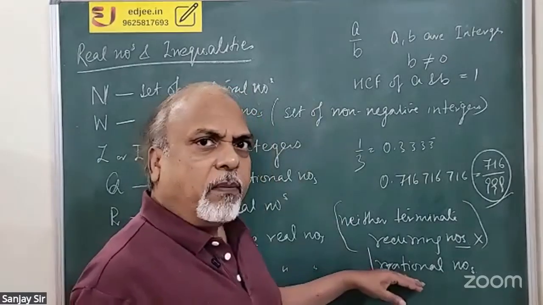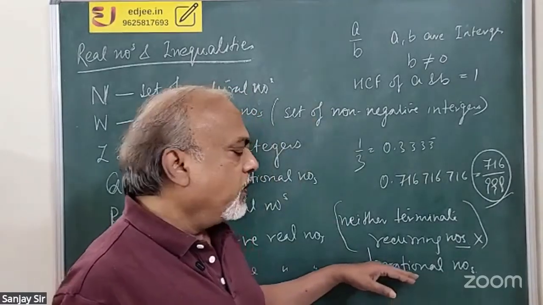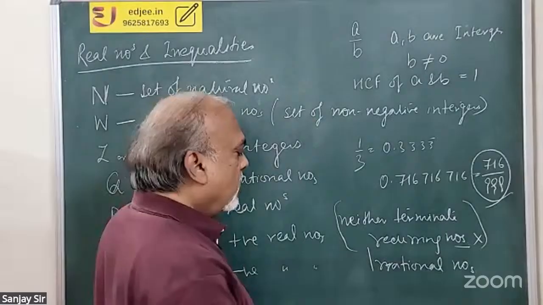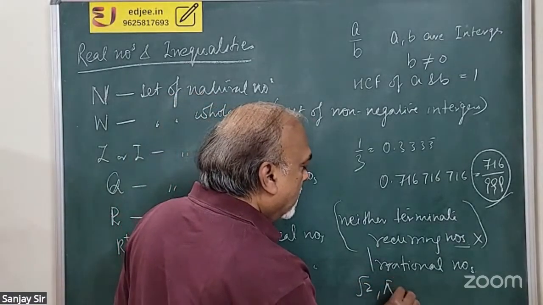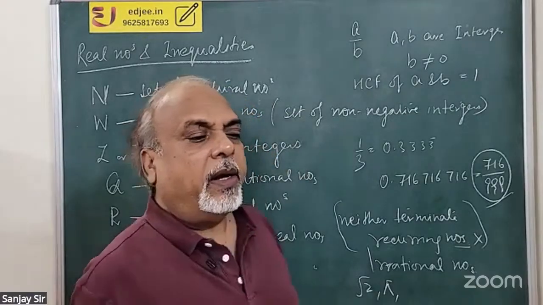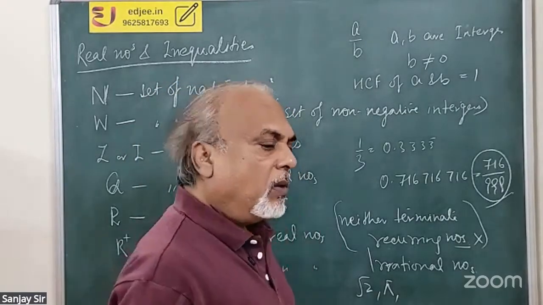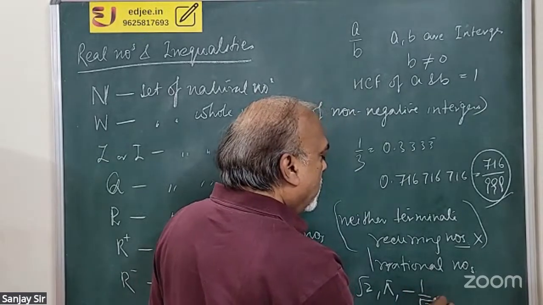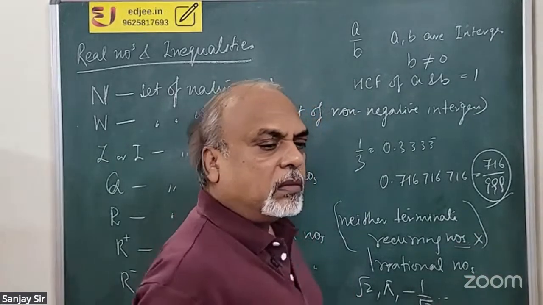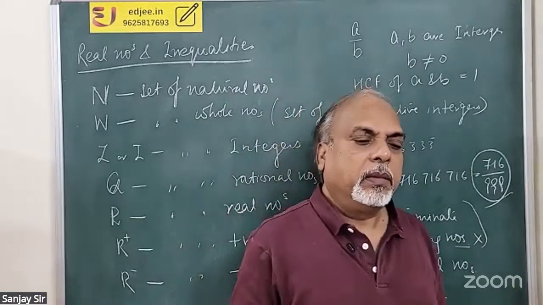Can you give the example of these irrational numbers? You know, root 2. Pi is also an irrational number. You can write minus 1 by root 3 and so on. Correct?